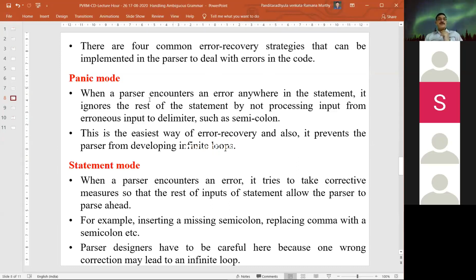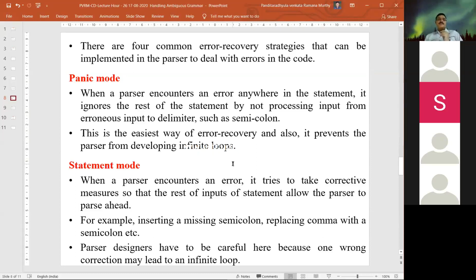Okay, one we call the panic mode. The first mode is called panic mode. Okay, when a parser encounters an error anywhere in the statement, it ignores the rest of the statement by not processing input from the erroneous input up to the delimiter, such as a semicolon. In a statement we can have multiple errors.